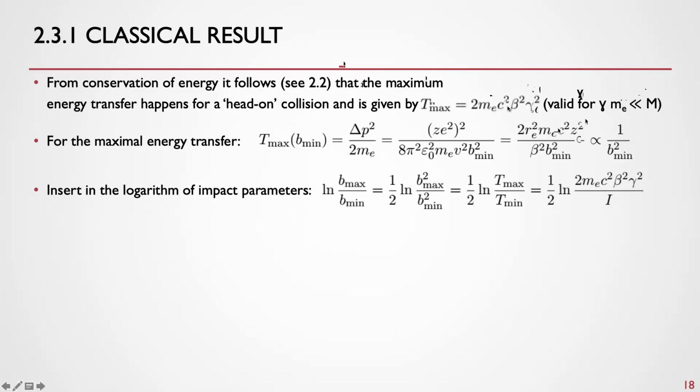The point is it's 2 m_e c squared beta squared gamma squared.